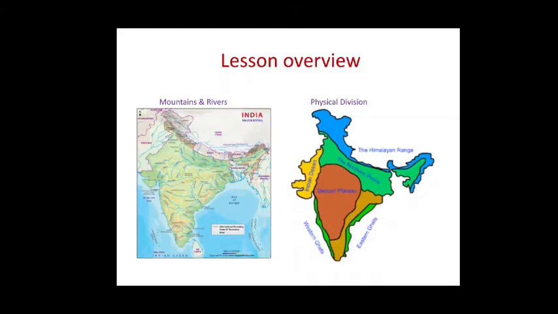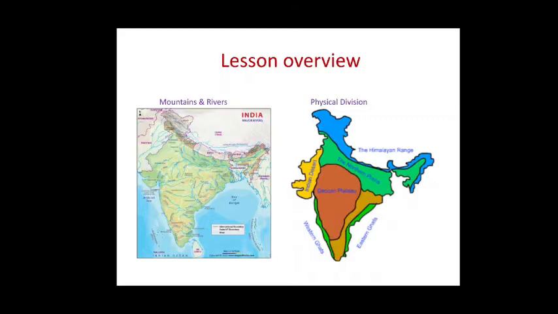India shares its boundaries with Pakistan, Afghanistan, China, Nepal, Bhutan, Bangladesh and Myanmar. So see our neighboring countries. Totally now there are 28 states and 9 union territories, and the national capital region is New Delhi.